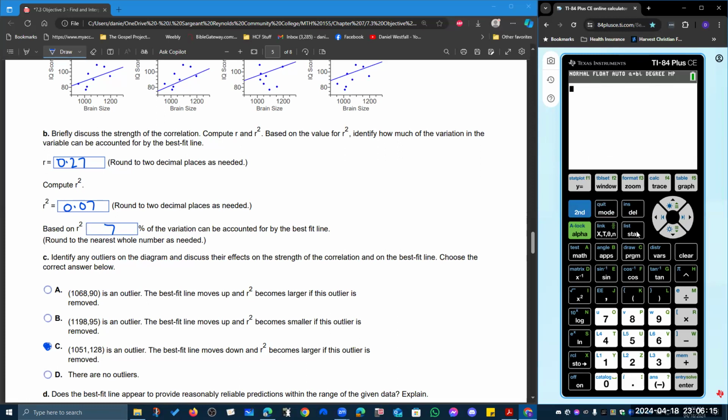rerun everything now. Stat, calc, linear regression, and then vars, y-vars, function y1. We're not going to change our window at all, but it did make the R and R squared value get bigger, though not really a whole lot better, just because there's so much error in this.